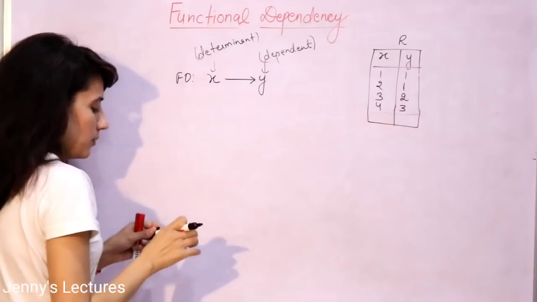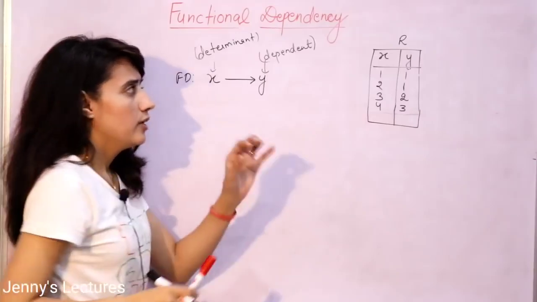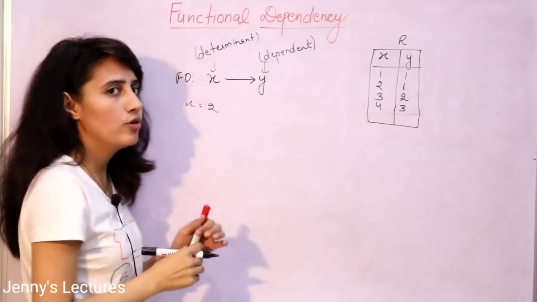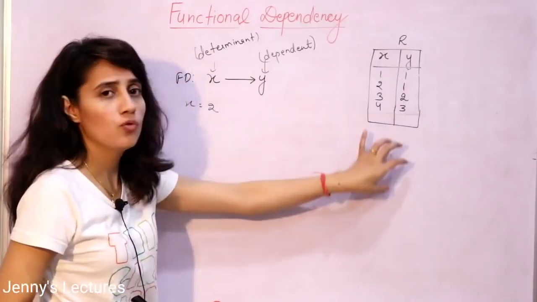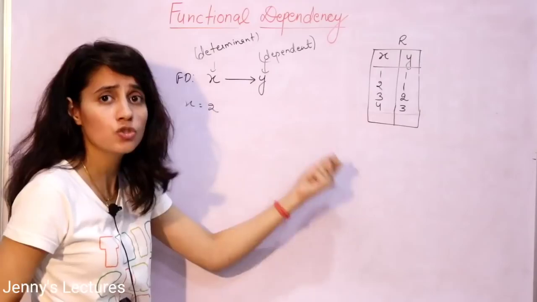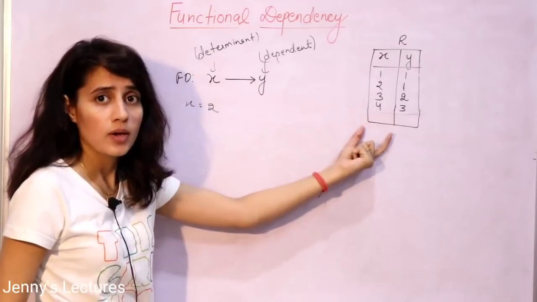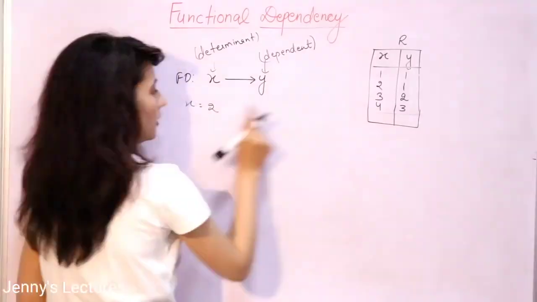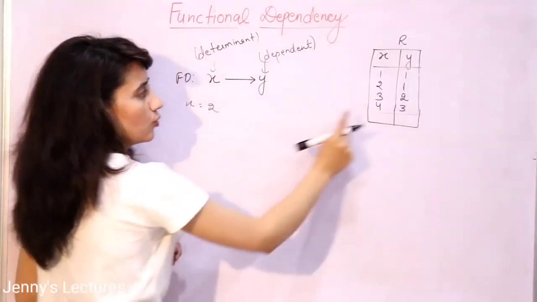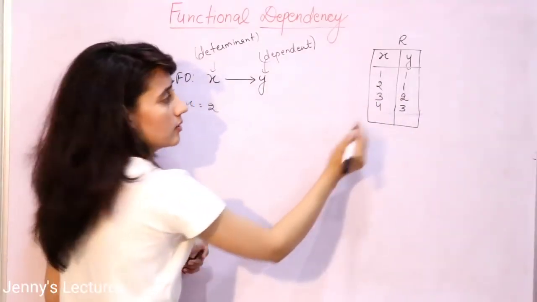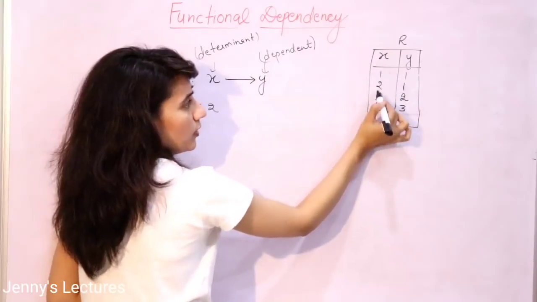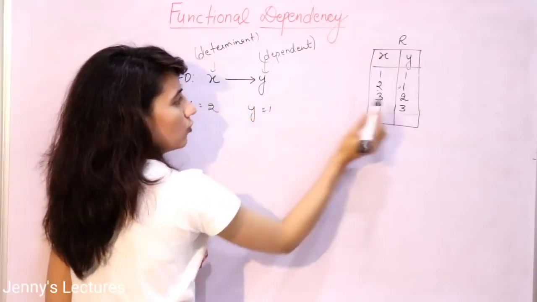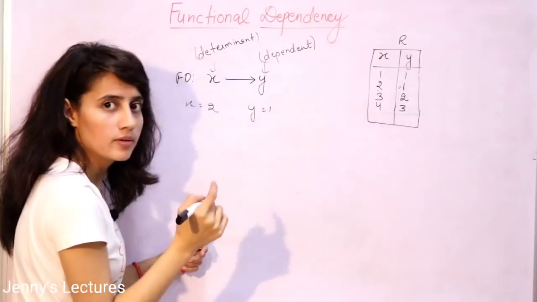Now see, if I tell you that the value of x is 2, tell me what the value of y is from this table. Obviously we will search for the value of y from this table, and the searching would be based on some rules. I am saying the value of x is 2. Now can you tell me the value of y? Find where x value is 2, the value of y is 1. Yes, I can tell you the value of y is 1, right?